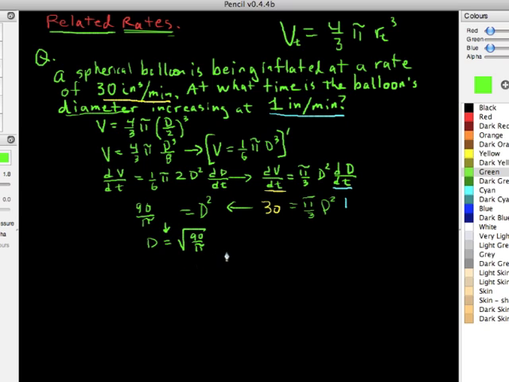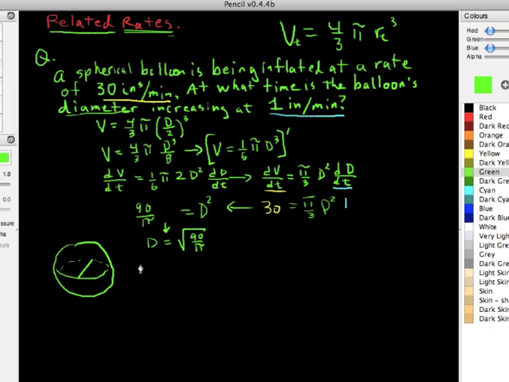I might have to rush to my calculator soon, but let's see. So this is the diameter of the balloon at this moment: the square root of 90 over pi.